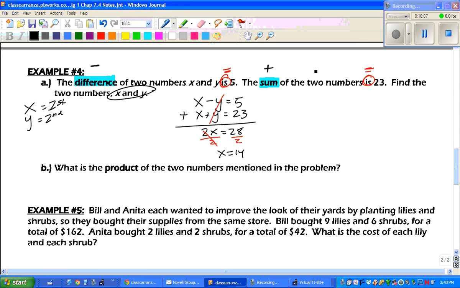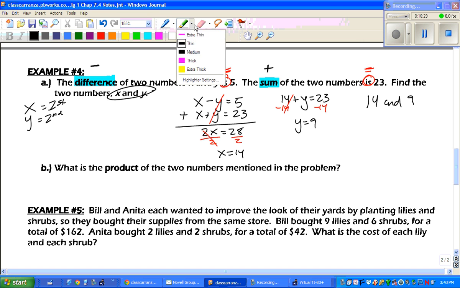Okay, and now to find the other one, plug it into either equation. I'm going to go with the bottom because that has less negatives. 14 plus y equals 23. Subtract 14. Y equals 9. Okay, so our answer is 14 and 9. Those are our two numbers.